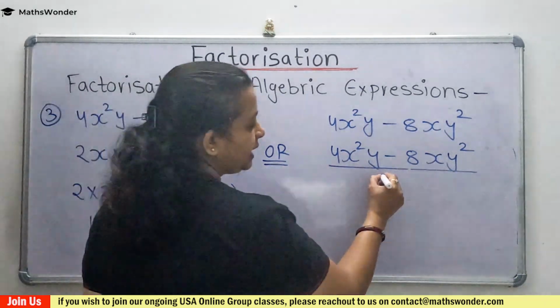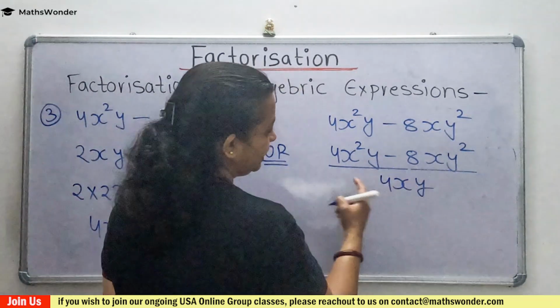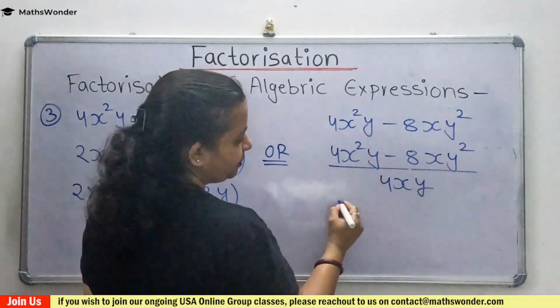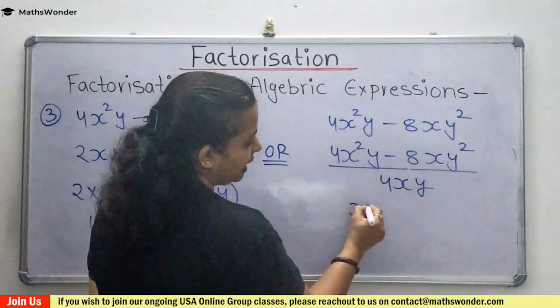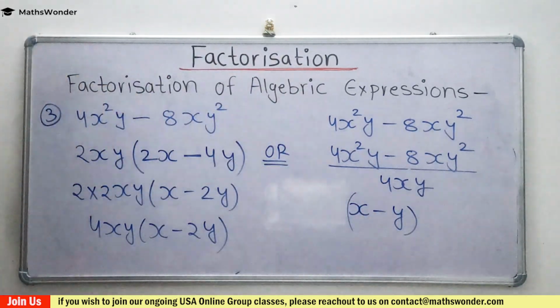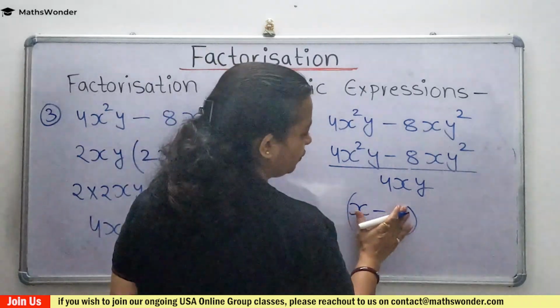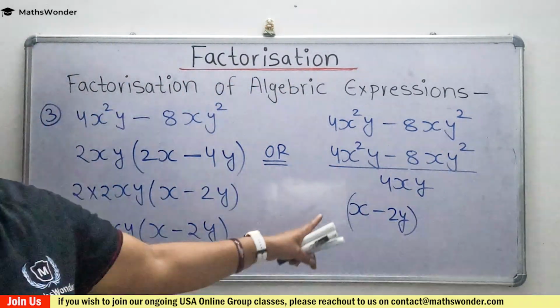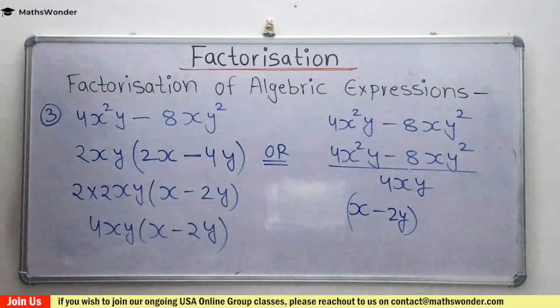So basically we can take 4xy directly. When you divide it with this and this, it will become x minus 2y. So this is your quotient. You can write it by this method also.